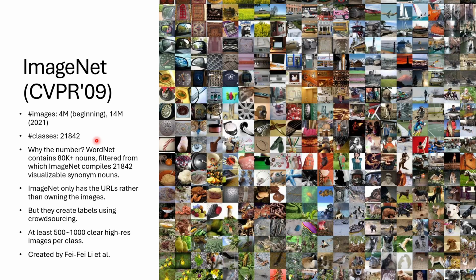However, let's come back. Professor Fei-Fei Li got the idea: since we have the WordNet dataset already, can we visualize that? Some words are unable to be visualized, but some words, in particular nouns, are easy to visualize.